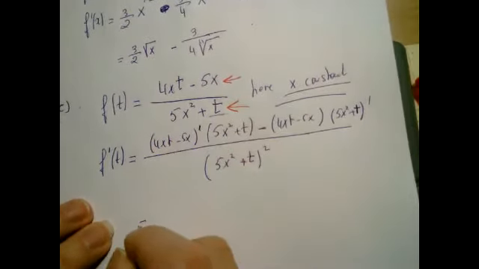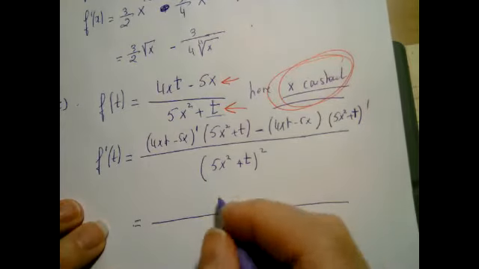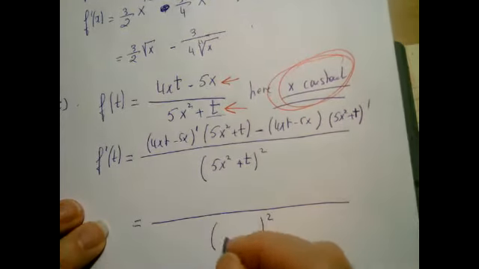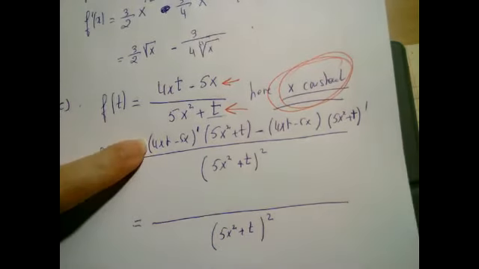Remember what's your constant and remember what's your variable. The denominator we just keep. Now the numerator: what's the derivative of 4xt? Be very careful.